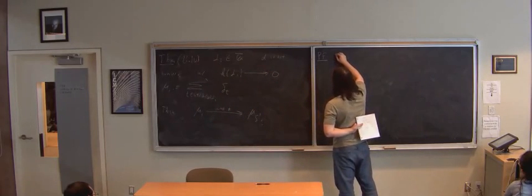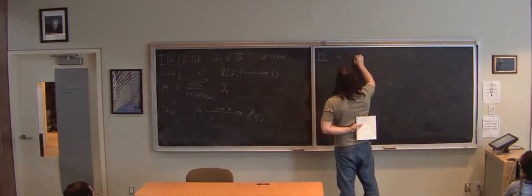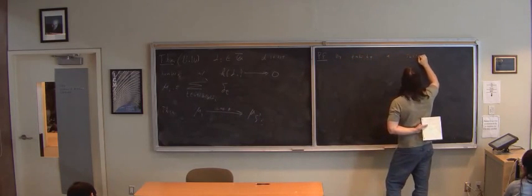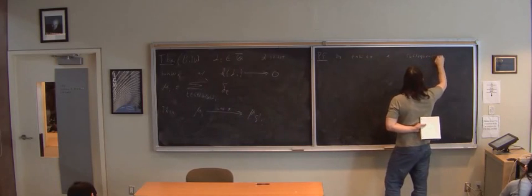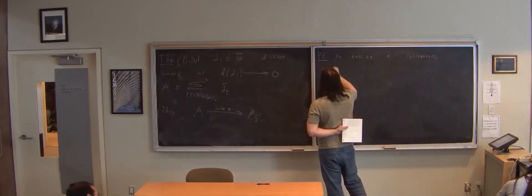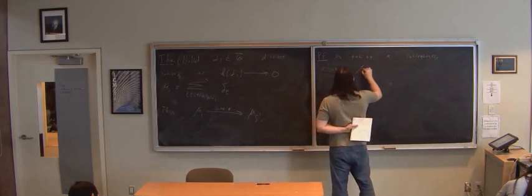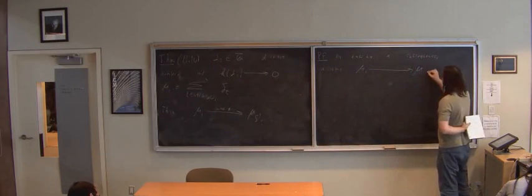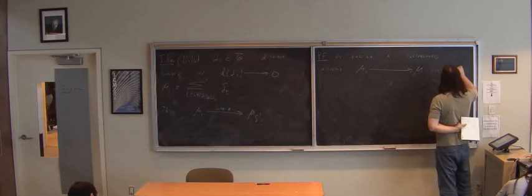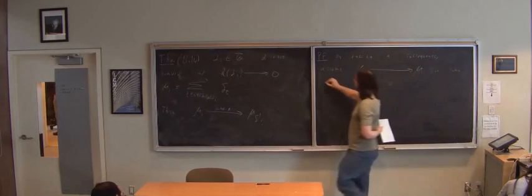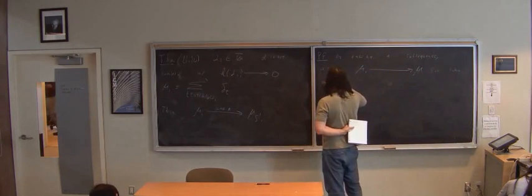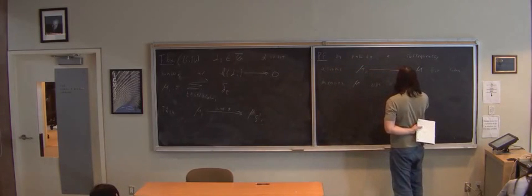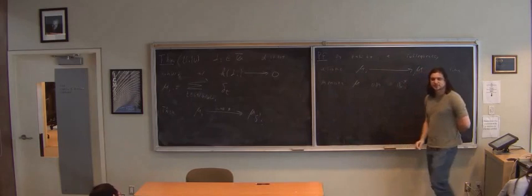So by taking a subsequence, we can assume that the mu_i converge to mu for some measure mu on, I don't know, C star, for example.